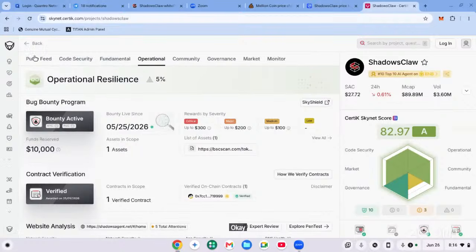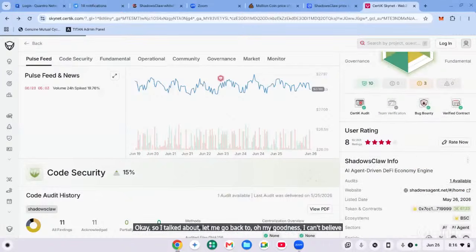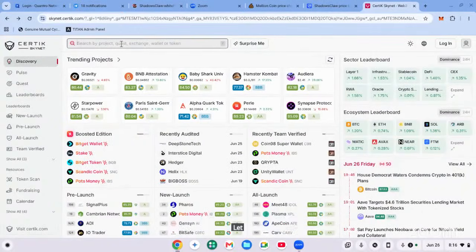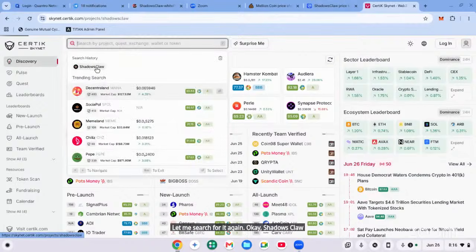Okay, so I talked about, let me go back to, oh my goodness, I can't believe this. It is well. So I talked about the project. Let me search for it again. Okay, Shadow's Claw here in my search history.